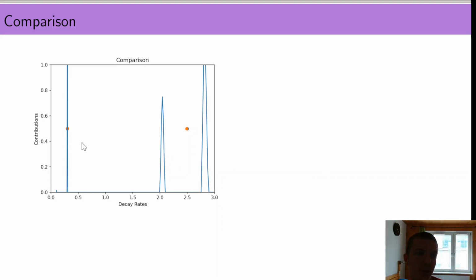And so I did this comparison for a simple example with two decay rates. One would be 2.5 and the other was 0.3, with both equal probability or equal coefficients.